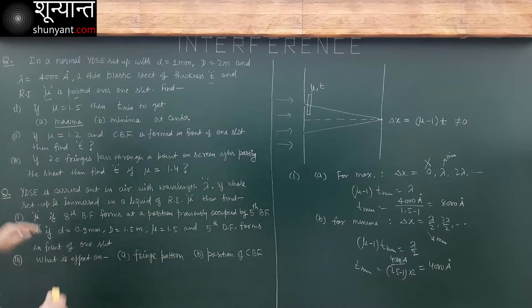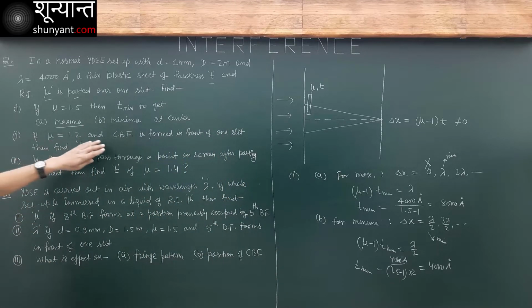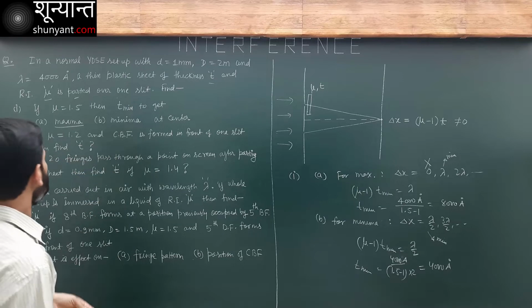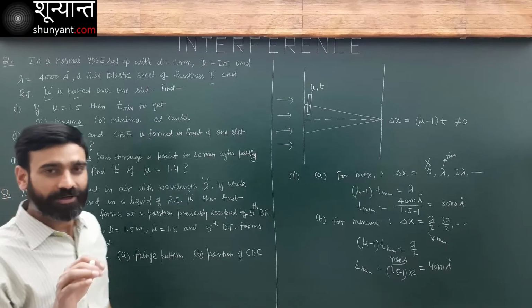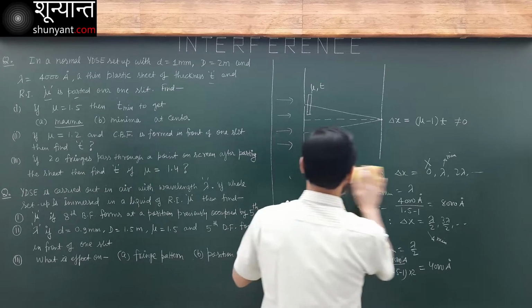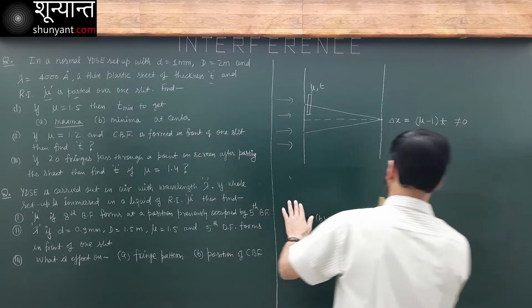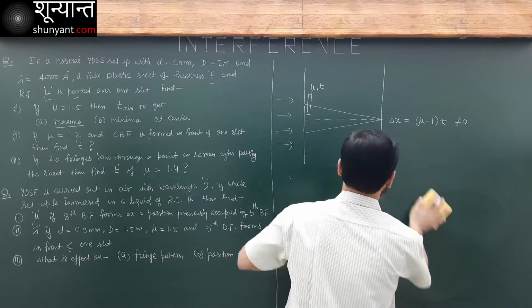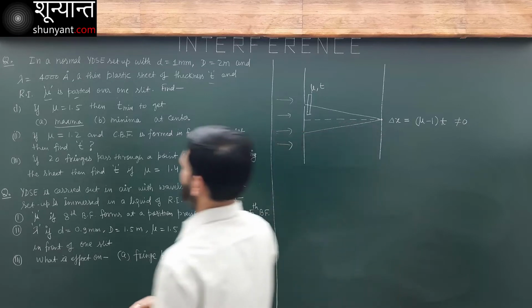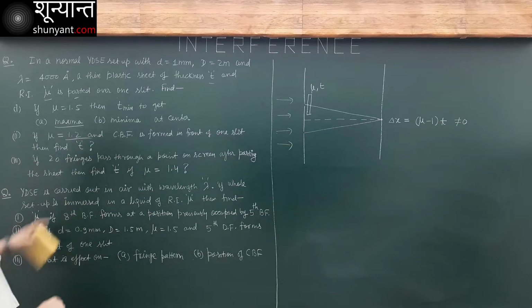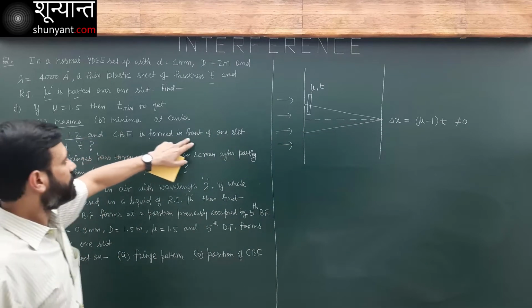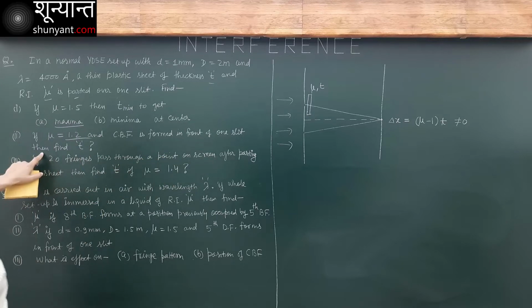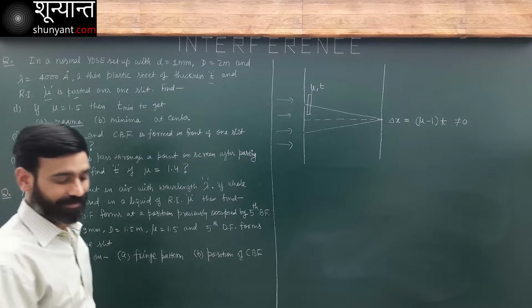Now, the central bright fringe is going to shift. What it says is that if mu is this and the central bright fringe is formed in front of one slit, then find t.